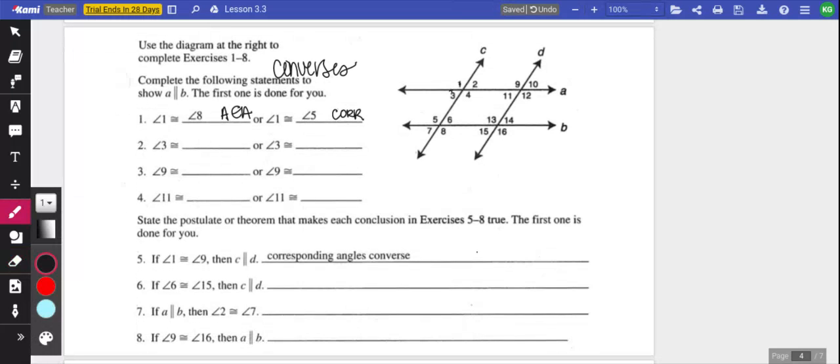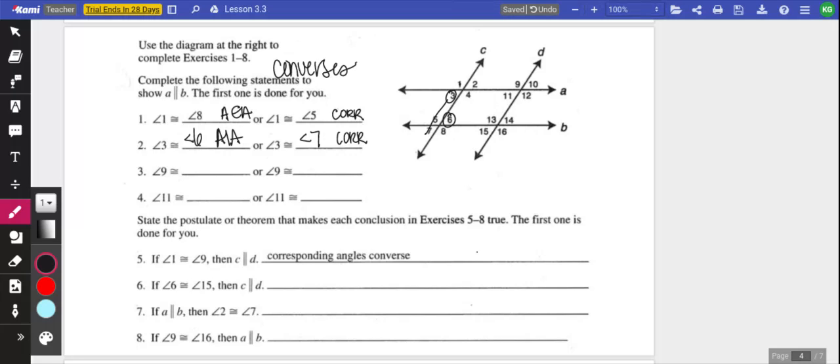Now looking at angle 3, list two angles that it's equal to. It's equal to angle 6 because of AIA, and also equal to angle 7 because of corresponding.